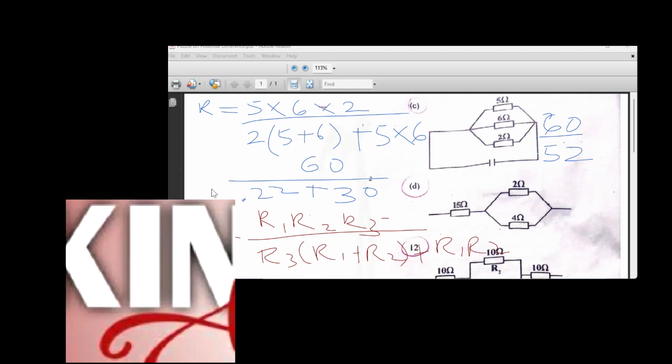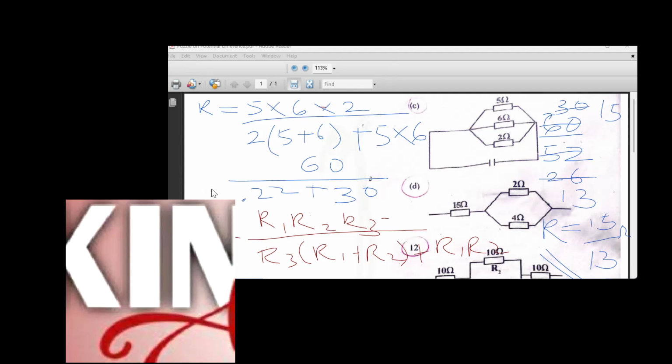And what can go? You have 2 here, 30. 2 here, 2, 6. 2 here, 15. And 2 here, 13. So you have your R to be what? 15 over 13 ohms, which is correct. Very correct.